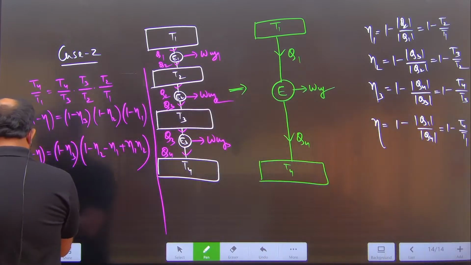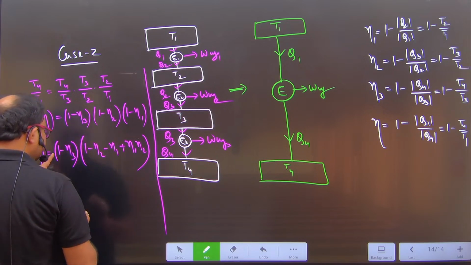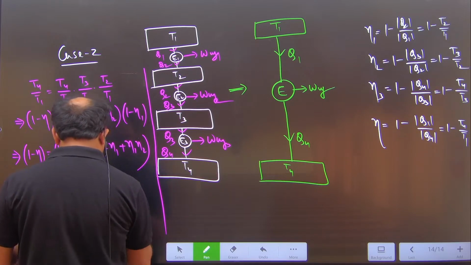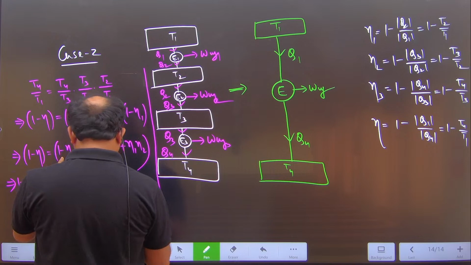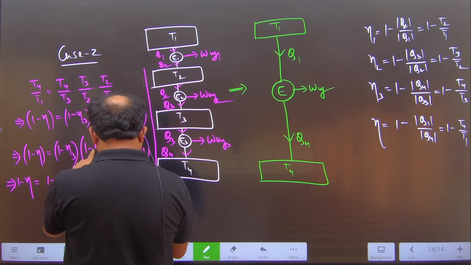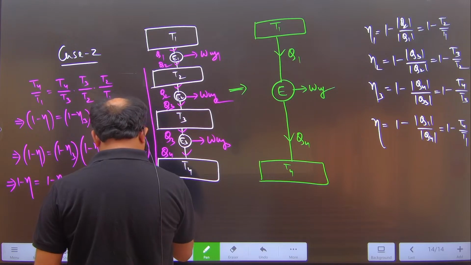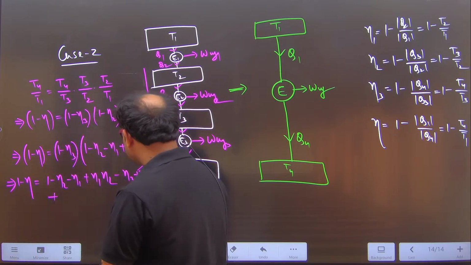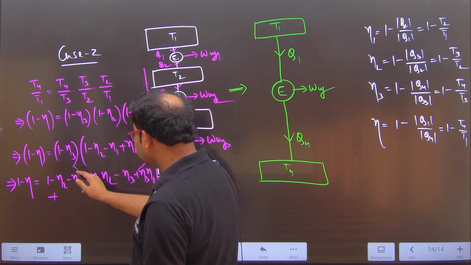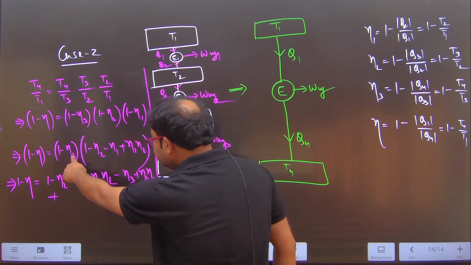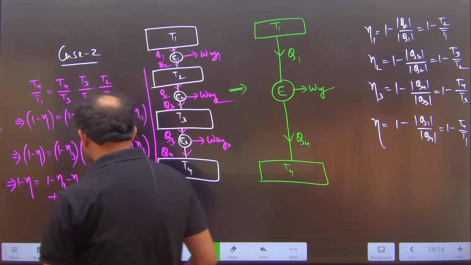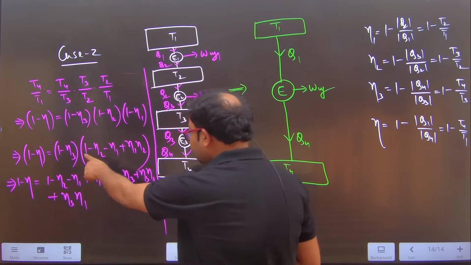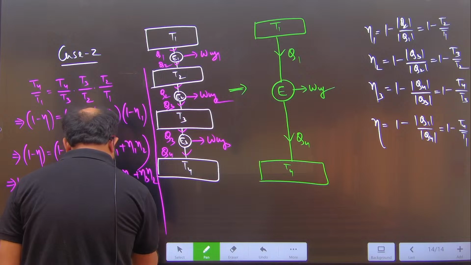Now 1 minus eta becomes 1 minus eta 2 minus eta 1 plus eta 1 eta 2 minus eta 3 plus eta 3 eta 2 plus eta 3 eta 1 minus eta 1 eta 2 eta 3.